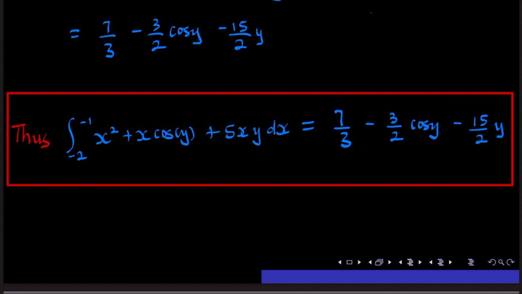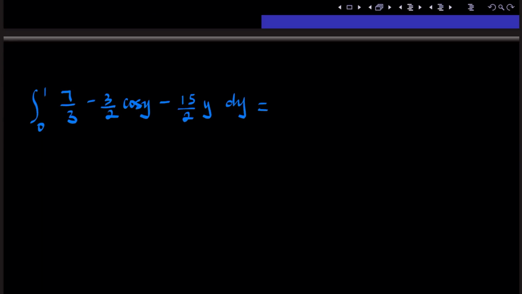Here we have to substitute our answer back into the original integration question. Then we now integrate with respect to y. Integrating with respect to y gives 7 on 3 y minus 3 on 2 sine of y minus 15 y squared on 4 from 0 to 1.